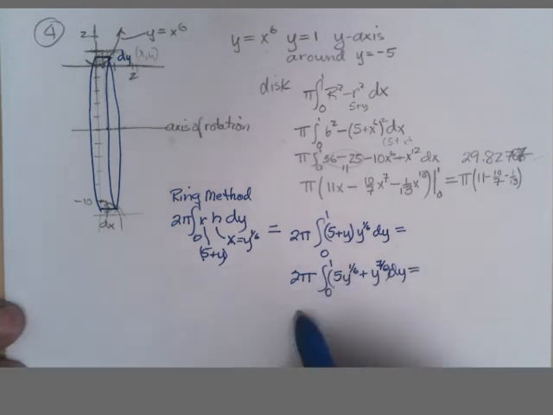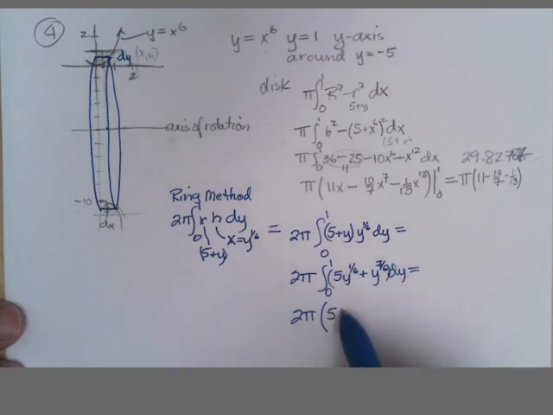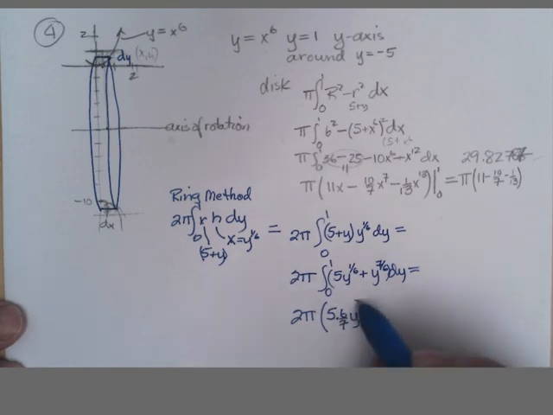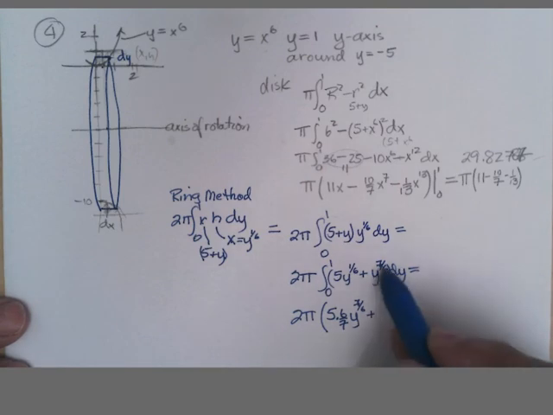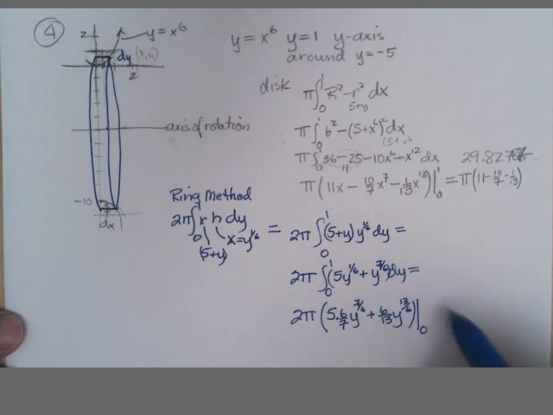And integrating that, we'd get 2 pi. So adding 1 to 1/6 is 7/6, so it'd be 5 times 6/7 y to the 7/6, plus adding 1 to this would be 13/6, so 6/13 y to the 13/6, excuse me, evaluated from 0 to 1.